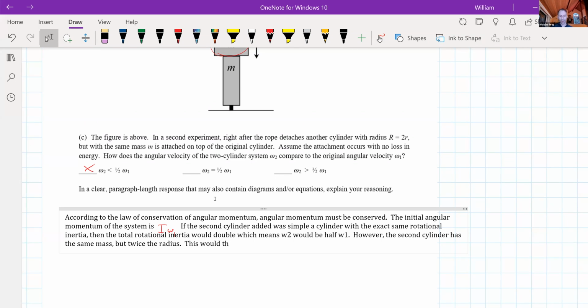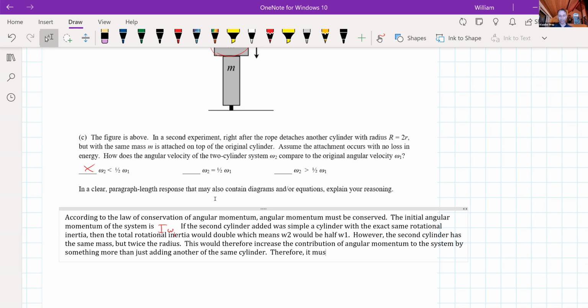This would therefore increase the contribution of angular momentum to the system by something more than just adding another of the same cylinder.